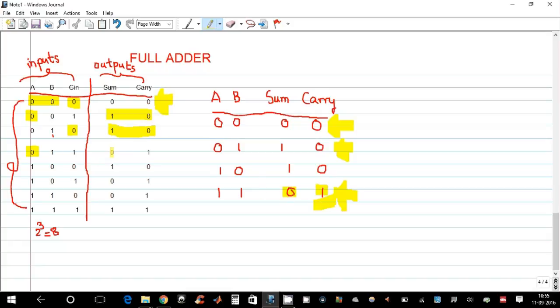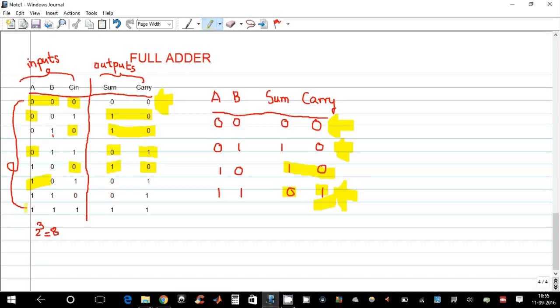So that is what is written here. And for the input 1 0 0, let's say we are ignoring this C in equal to 0. So A is 1 and B is 0, resulting in a sum equal to 1 and carry equal to 0.